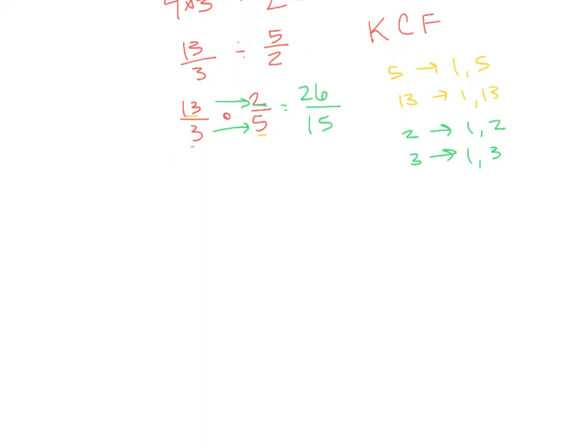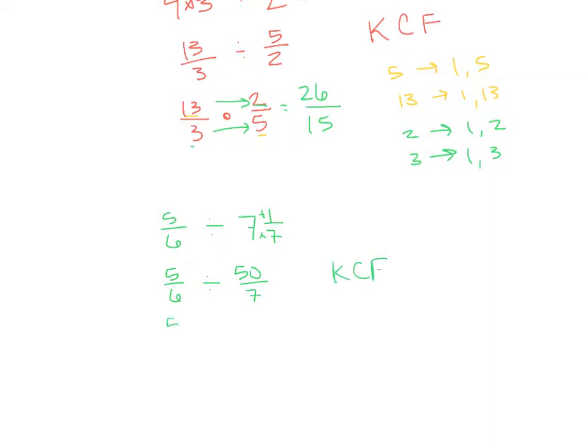5/6 divided by 7 1/7. So first thing, change to improper. 7 times 7 is 49, plus 1 is 50 over 7, and then we're going to keep, change, flip.